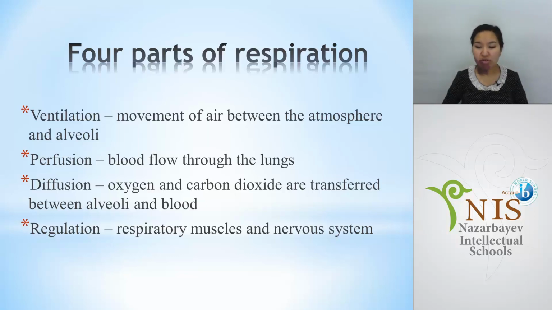Diffusion: oxygen and carbon dioxide are transferred between the alveoli and blood. Regulation: it should be regulated by respiratory muscles and the nervous system. These are the 4 main parts of respiration, and first we start with ventilation.